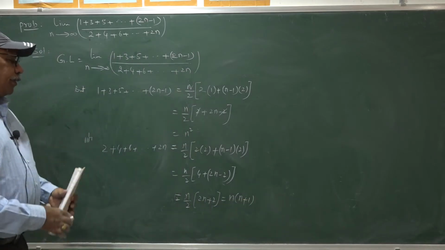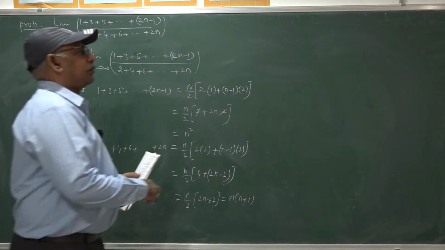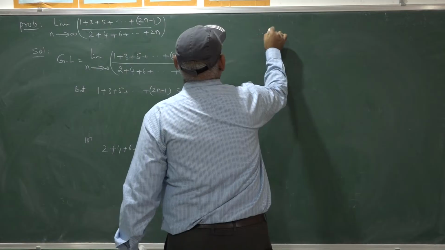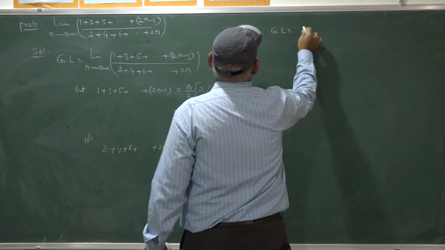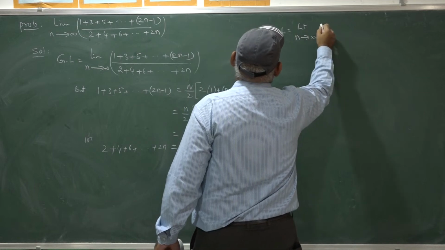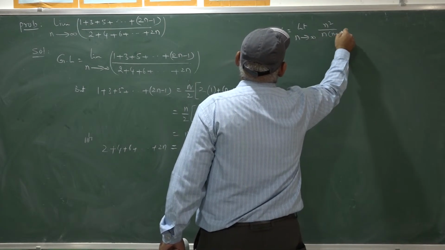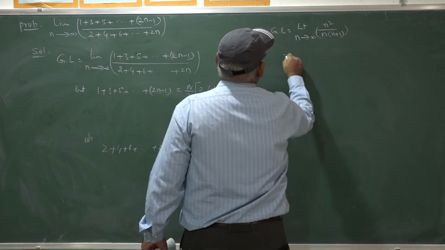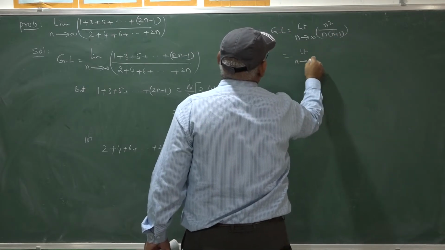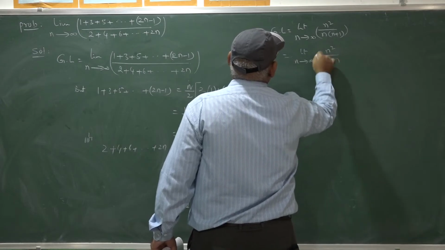The numerator value is n square, the denominator value is n into n plus 1. So the given limit is limit as n goes to infinity n square by n into n plus 1, that is, n square by n square plus n.